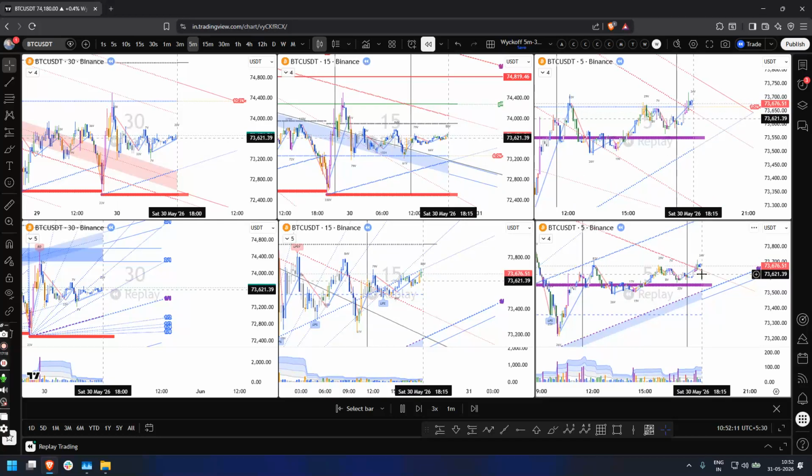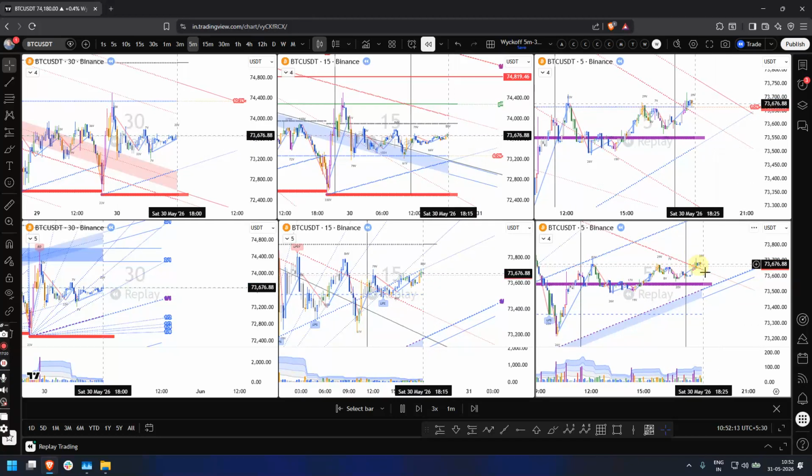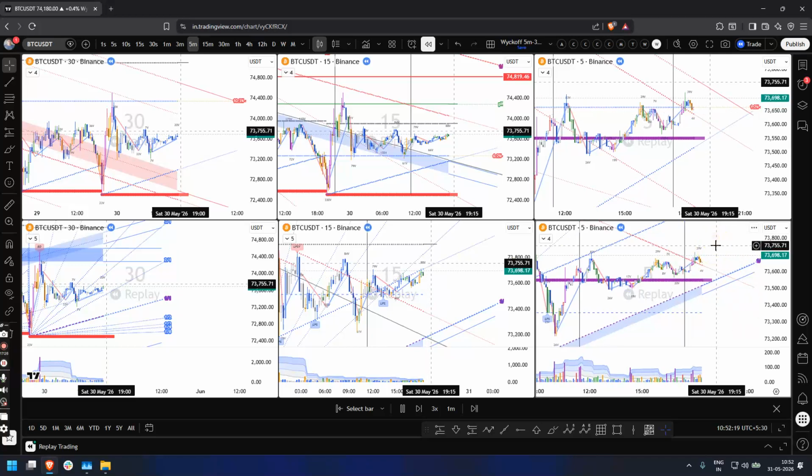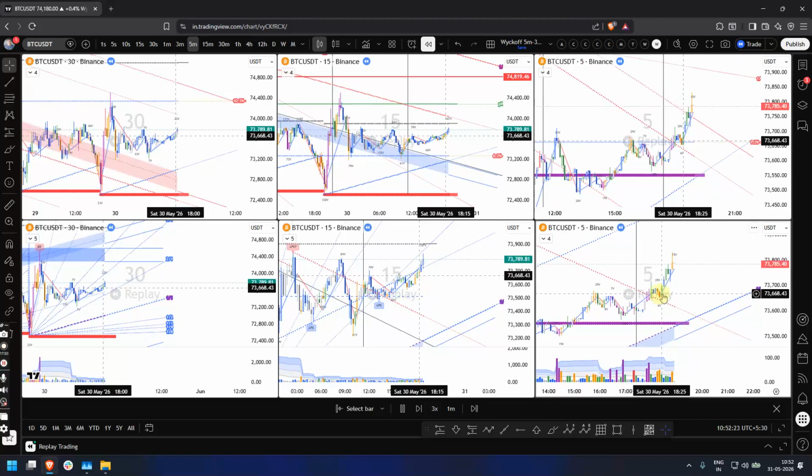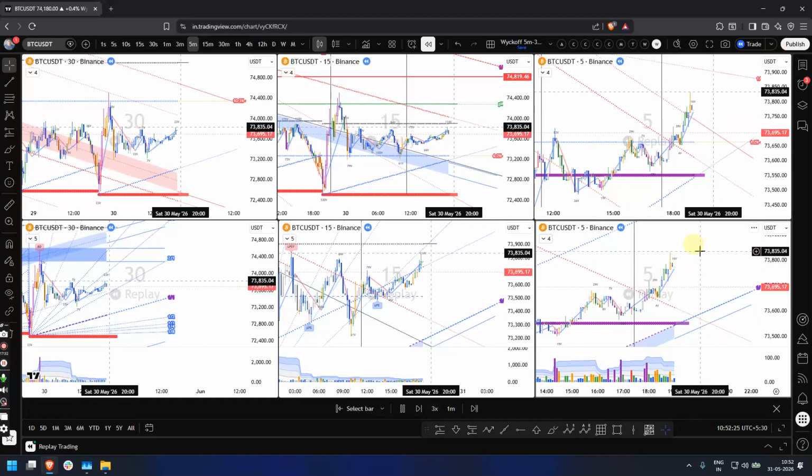See, the market is there. There is going to be a breakout scenario there, pullback. Yeah, I should have entered there, pullback there.